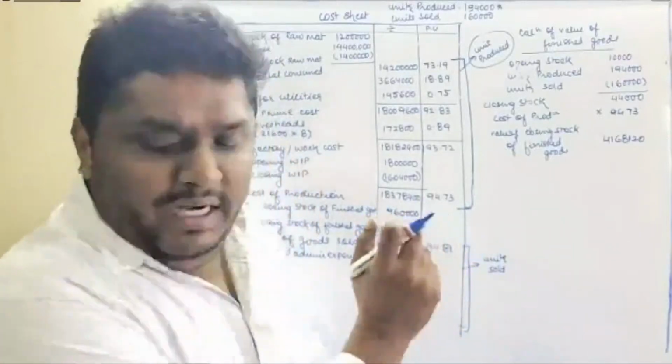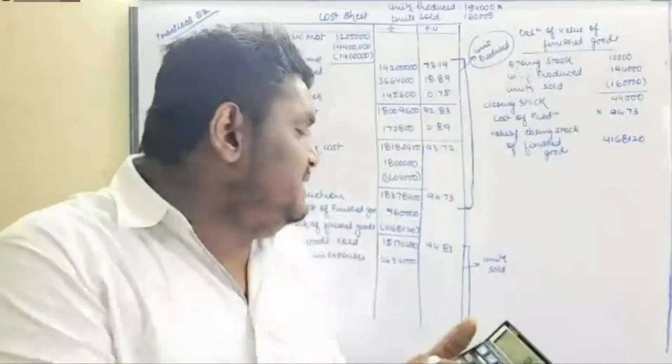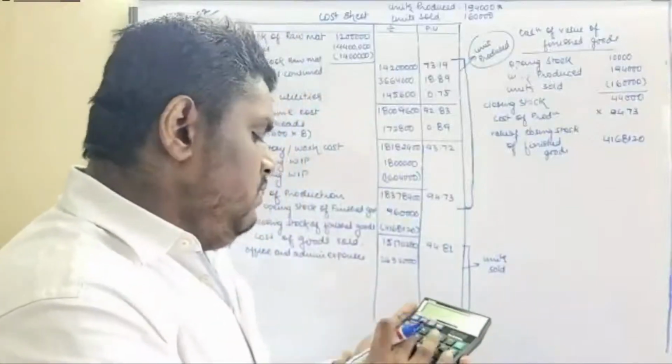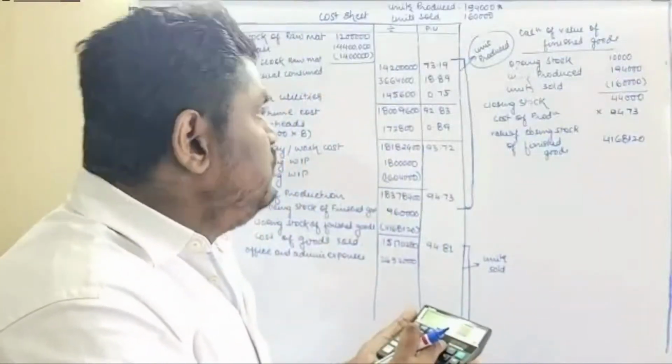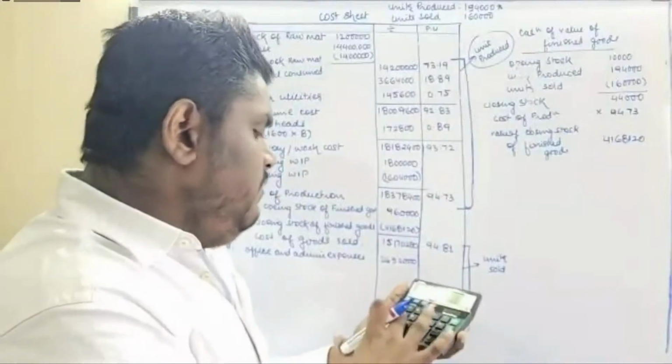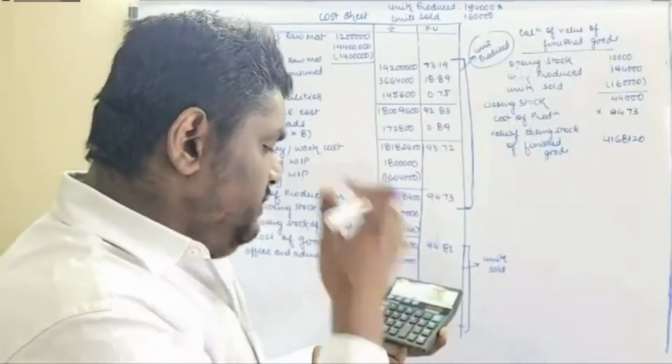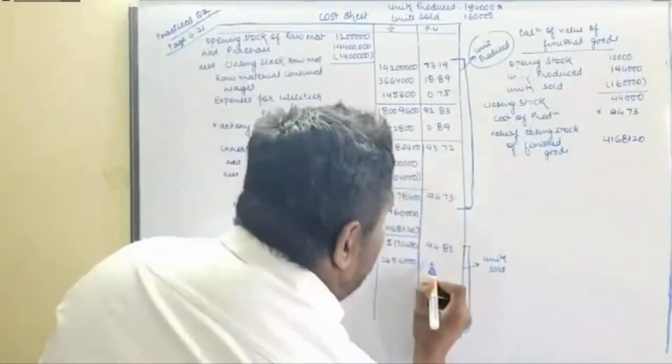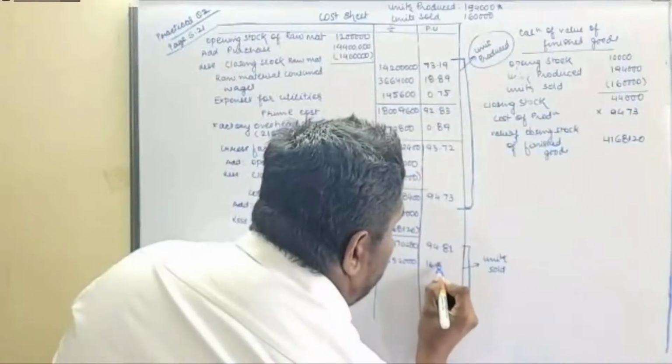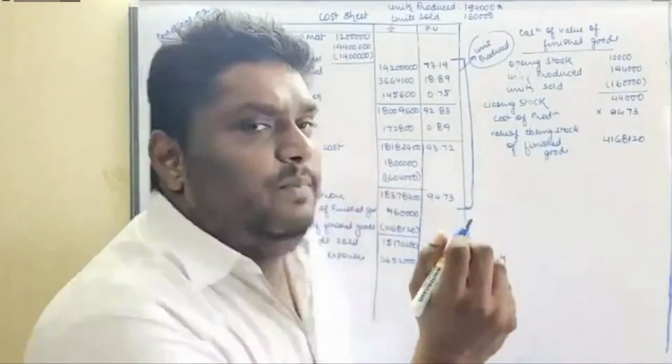Now the per unit rate will be calculated on the basis of number of units sold. So 26,52,000 divided by the number of units sold, that is 1,60,000. So 16.57.